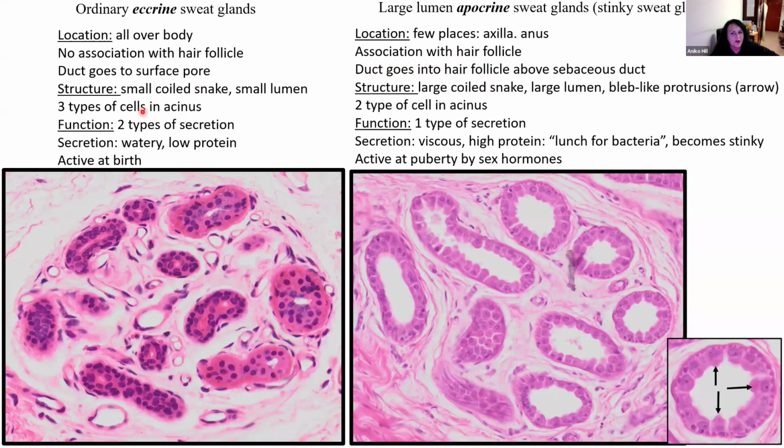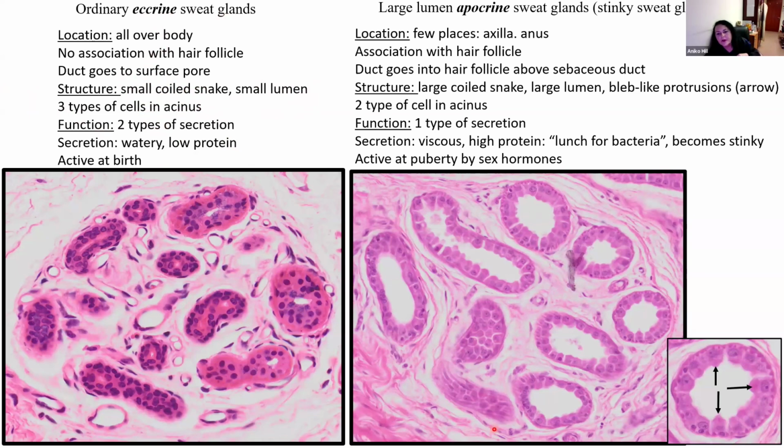Now, how about the structure? Both of them are coiled snakes, and they appear like circles, right? However, the coiled snake of the eccrine sweat gland is smaller. Smaller snake, smaller circles, smaller lumen. And three types of cells are sitting in these acini.